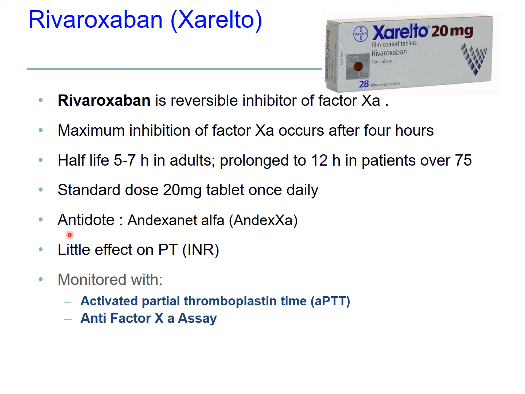Again, there is an antidote available, Andexanet alfa. However, just like idarucizumab, it's only administered in hospital settings. Again, little or no effect on prothrombin time. So INR again is not the right test, and it's measured either by APTT or anti-factor 10 assay. So that's how you monitor the activity of rivaroxaban.